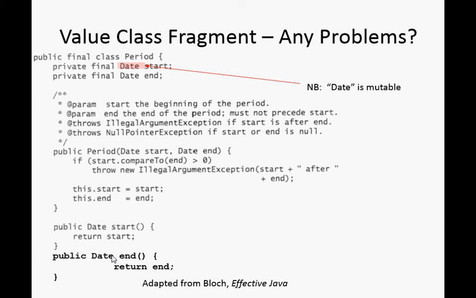Could you give me a concrete example? If I build a Period made of start and end dates, I have a reference P to this, which points to a certain start and end date. And then someone else has a reference Q to that same period.